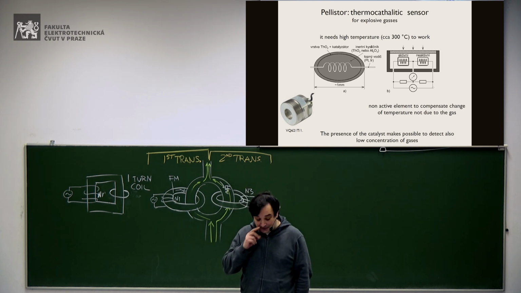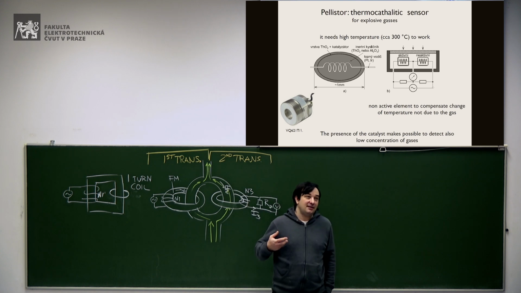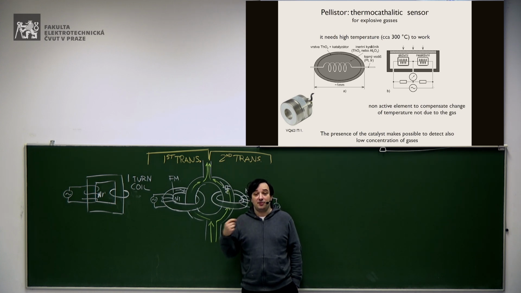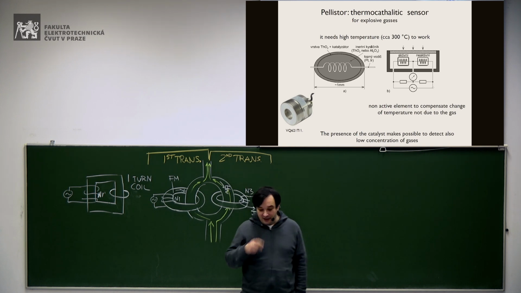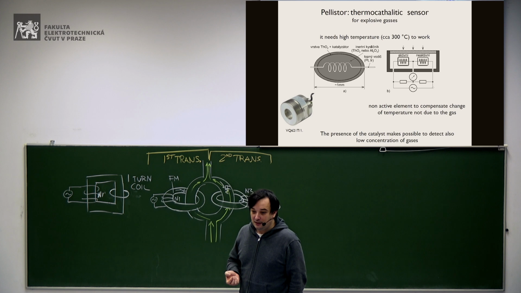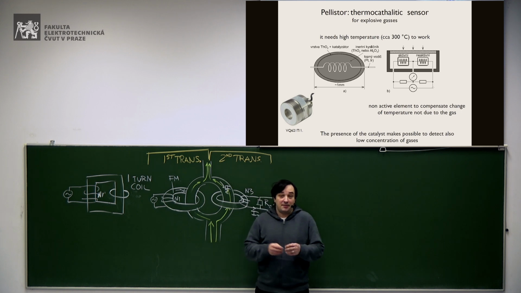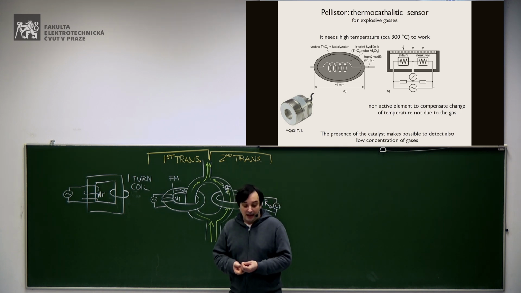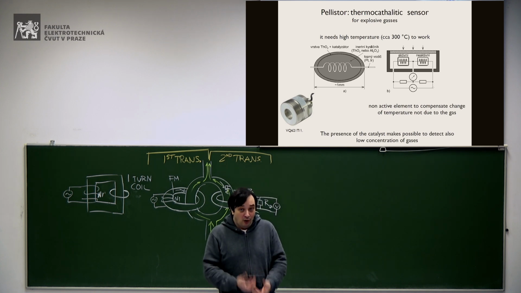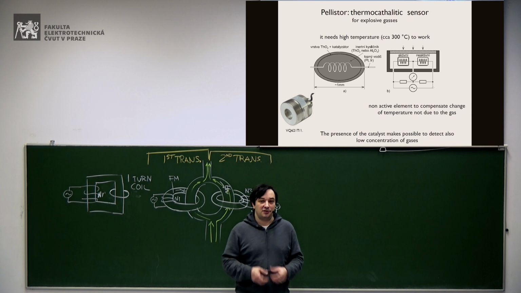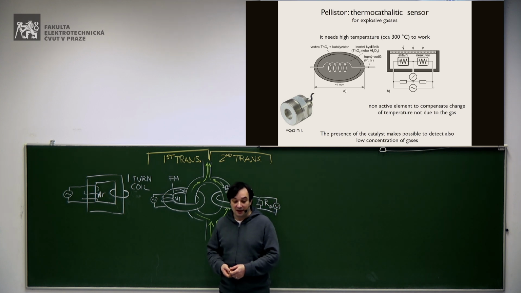The purpose of the catalyst is to make possible a small burning of this combustible gas. If the gas reacts with oxygen, it will release some energy, so there will be some micro combustion. This energy will warm up the platinum wire, and therefore you can measure this increase of energy by measuring the temperature of the filament itself.